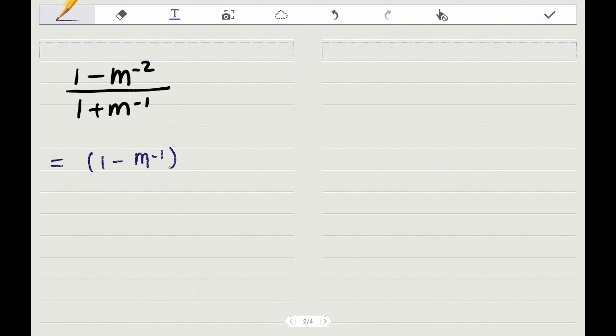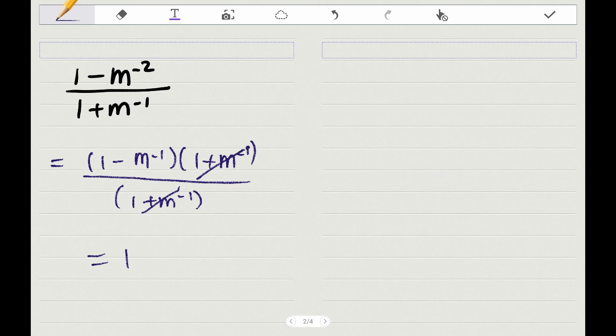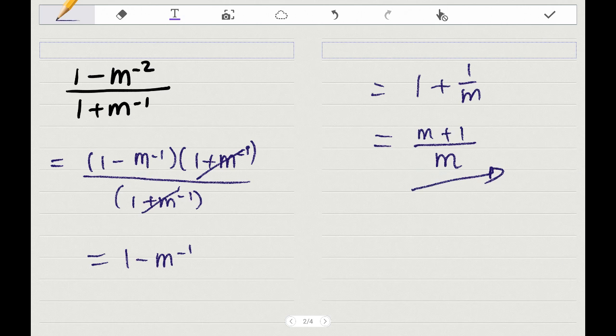Difference of two squares, okay, and then what we have is that cancels out with that again, leaving us with 1 to the power of minus 1, and then we can change that to a positive exponent, so it's 1 over m. We can make this a single term, so it's m. This is over nothing, so we're going to multiply it by m over 1. Okay.